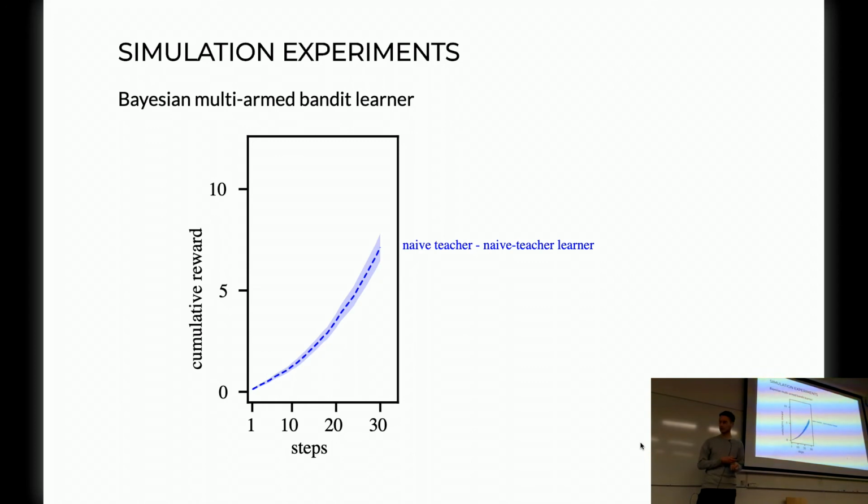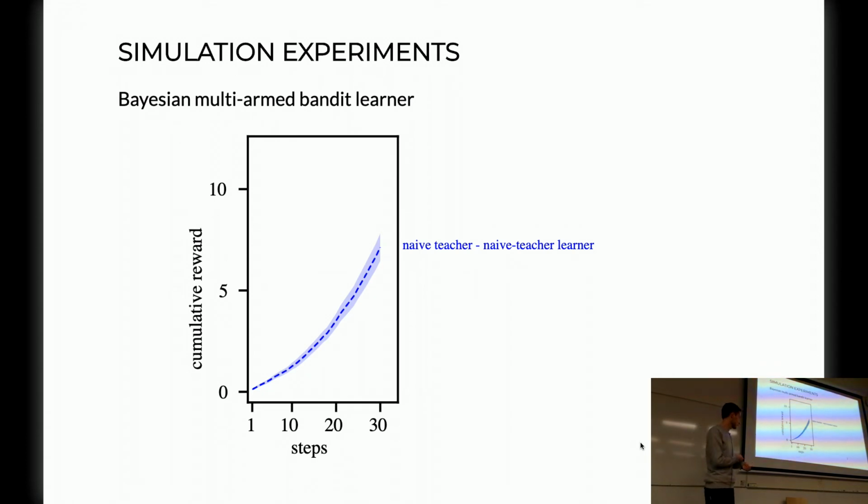Going into some results, we did some simulation experiments in Bayesian multi-armed bandit learners. Not going into too much detail, we have the number of steps or number of questions on the x-axis and the cumulative reward on the y-axis.